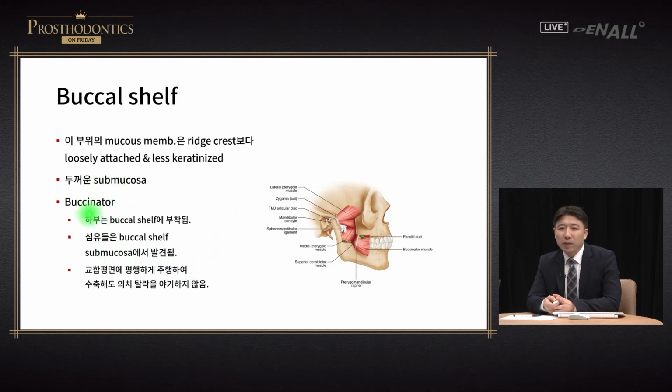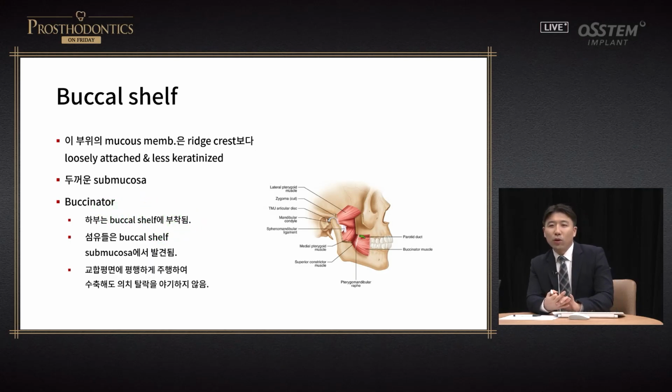The lower part of the buccinator muscle is attached to the buccal shelf. So because there's attachment with the muscle, bone resorption does not occur significantly, and it has quite a thick submucosa. Therefore, it can withstand stress very well.